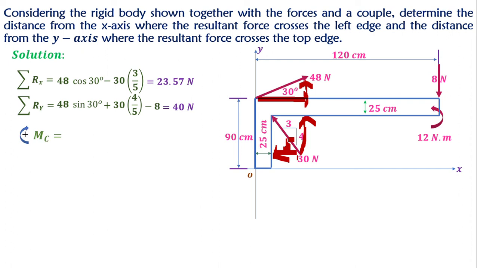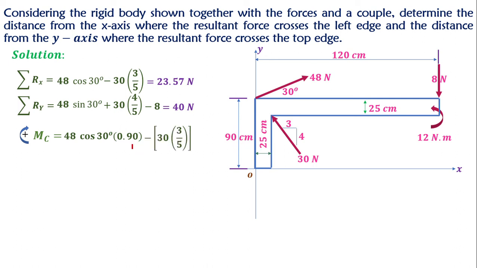Okay, next. So we have to get the moment along the C. Or couple pala at point O. So we have 38. Burahin ko muna ito kasi baka nalilito kayo. Okay, so we have 48 cosine 30 degrees. So moment arm na is 0.9. 90 centimeters kasi ito. And we have to convert it to meter.